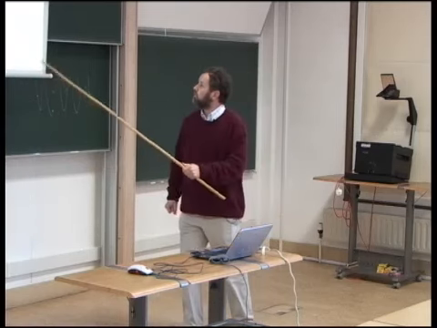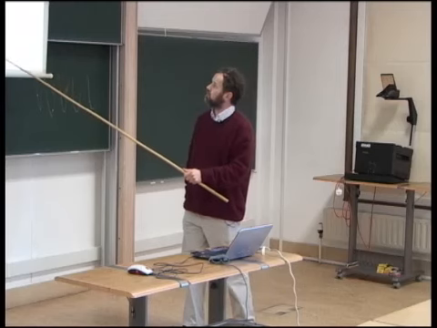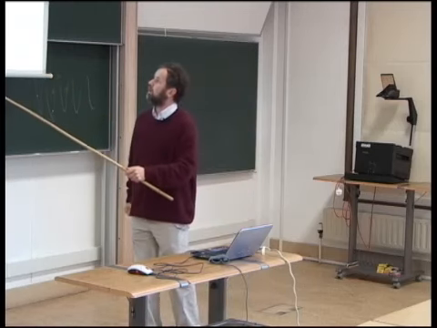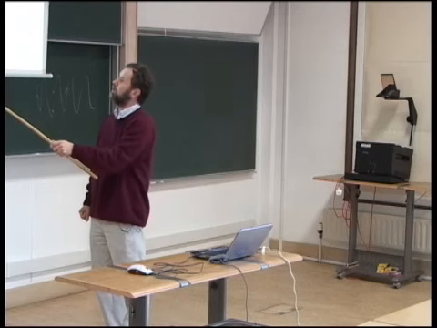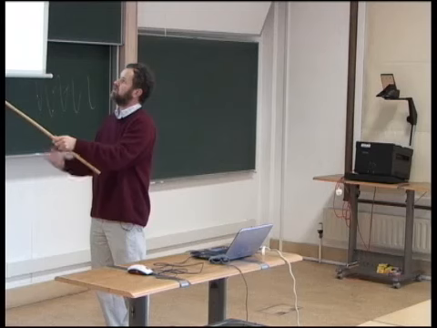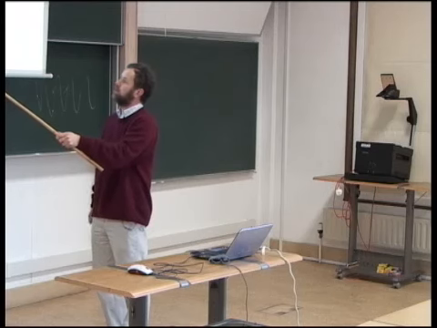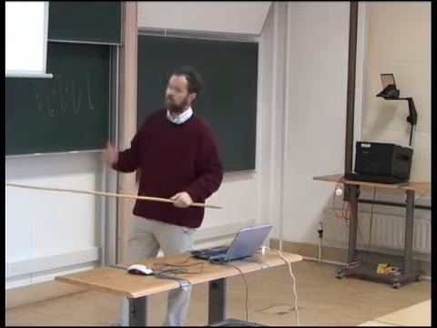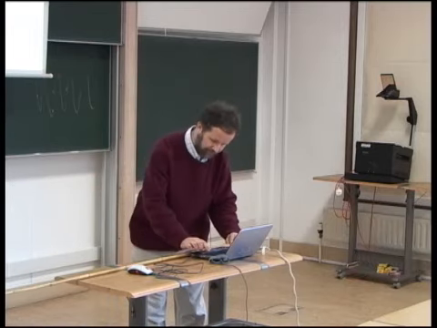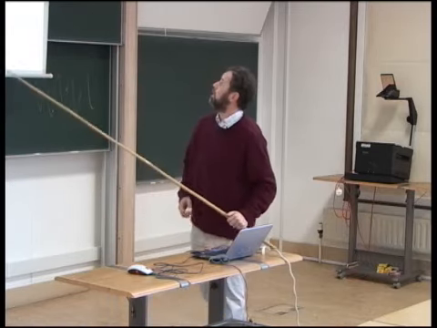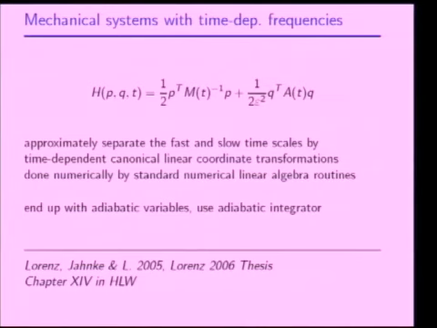And now let me come to further problems with varying frequencies, where this idea that I showed you previously for this time-dependent Schrödinger equation is now carried over to classical mechanical systems. So let's consider a mechanical system with time-dependent frequencies. So given here, well, the M of t is not the critical thing, but we have the 1 over epsilon square multiplying here, and we have a time-dependent matrix A of t.